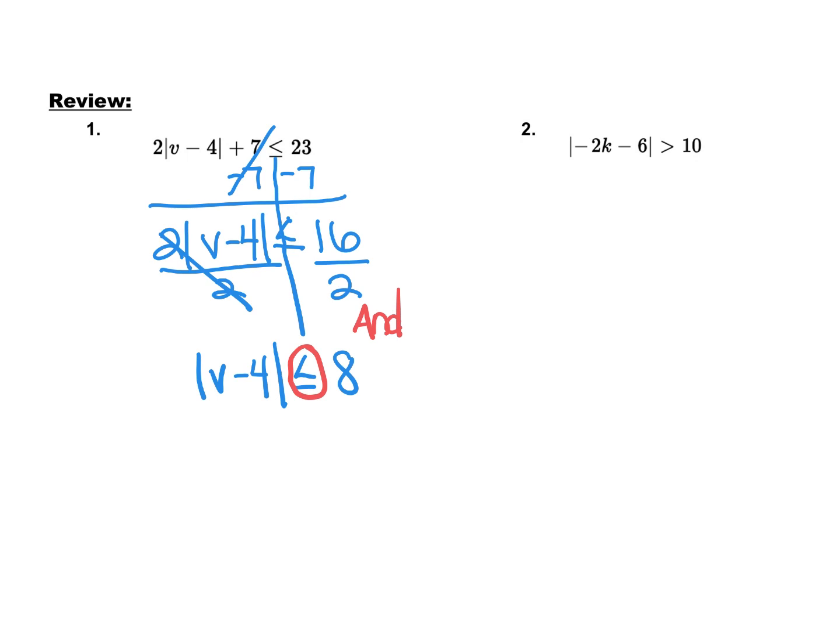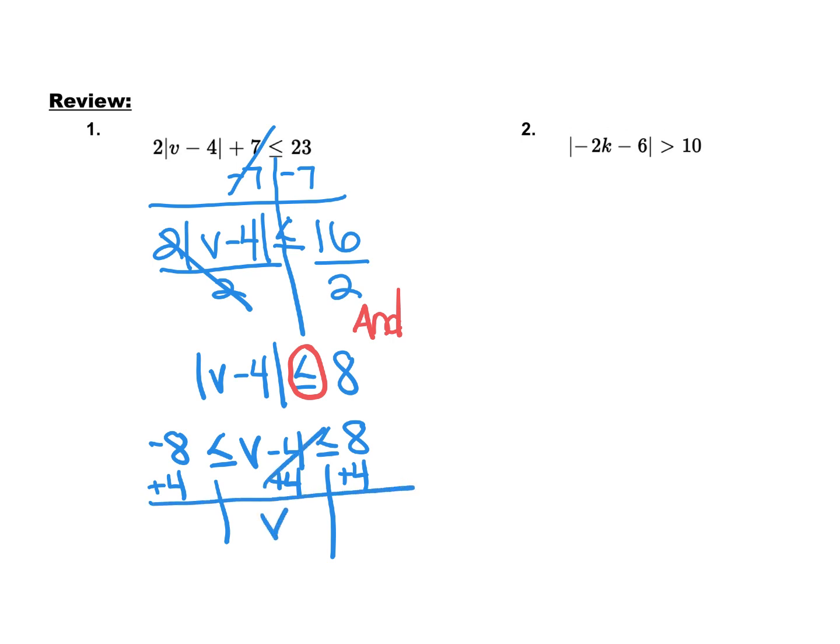And so we're going to solve by undoing the absolute value symbol and sandwiching the expression between the inequality symbols. And then remember, we're reading this going backwards. It's going to be greater than or equal to negative 8. We solve this like a compound inequality, as an and, and isolate the variable by adding 4 to all the parts.